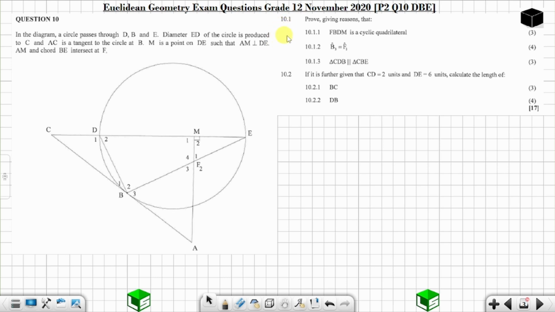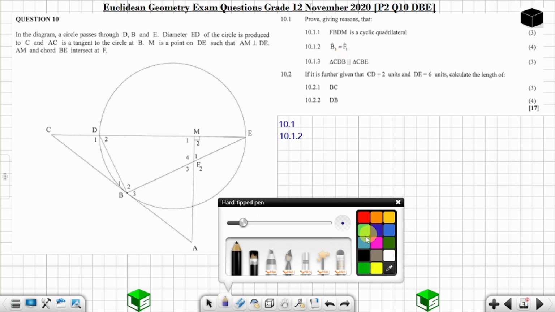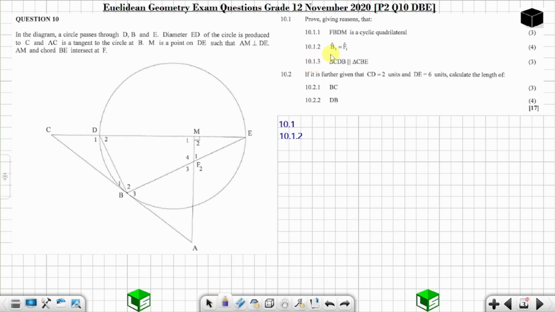We are still on question 10.1. Now 10.1.2. We have to prove that angle B3 is equal to angle F1.